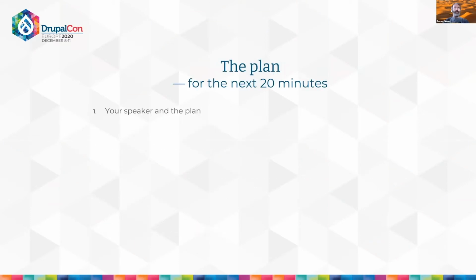What's the plan for the next 19 minutes? We've covered the speaker and the planning. I'll explain what the aims of this presentation are. I'll introduce Gatsby as a member of the Jamstack family. I'll talk about complementarity of Gatsby with Drupal.